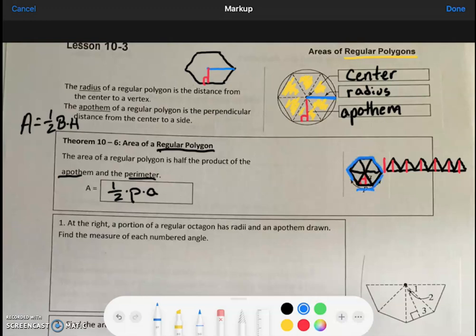These are all the bases here in blue, and that, of course, is the perimeter. So that is how this formula works. It is based on the fact that there are a bunch of triangles, and triangles are 1/2 base times height. Well, this is going to be 1/2. The base of all the 6 triangles is the perimeter times the height. The height is the apothem from dead center straight down.